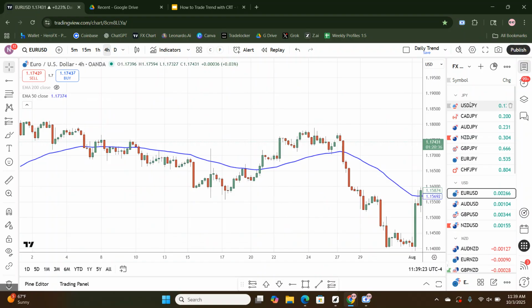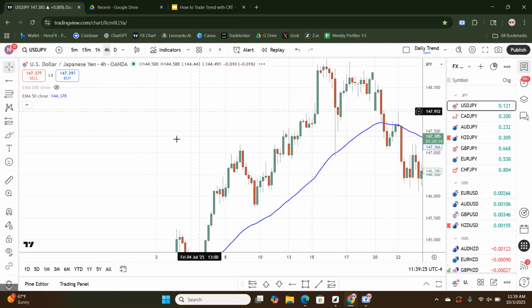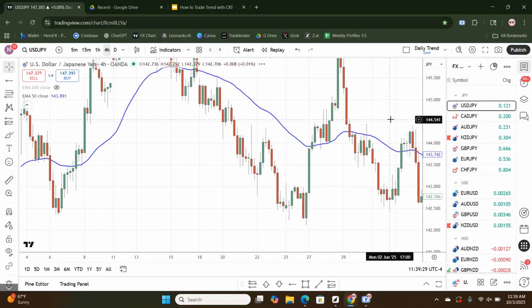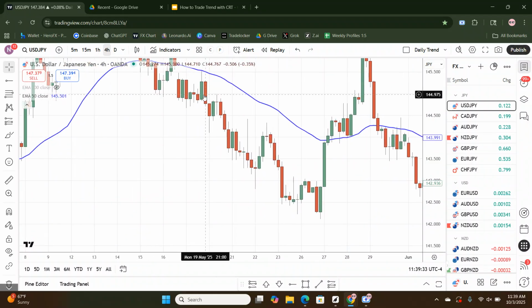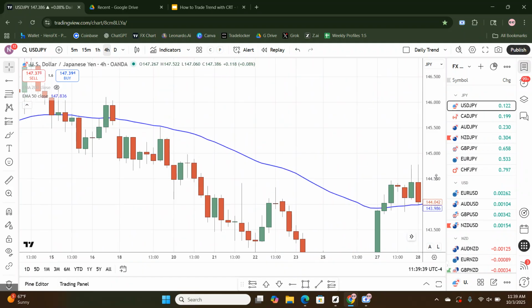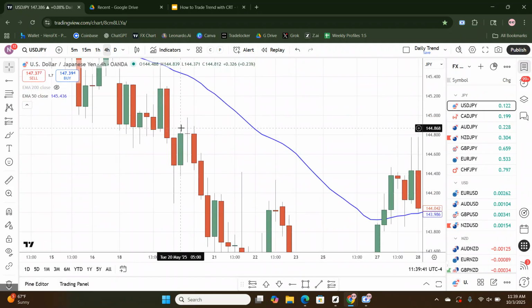Let's try the yens. Okay, here's some oscillation below the baseline here. And bingo, we got one. Well, this might be a 591. Hold on.